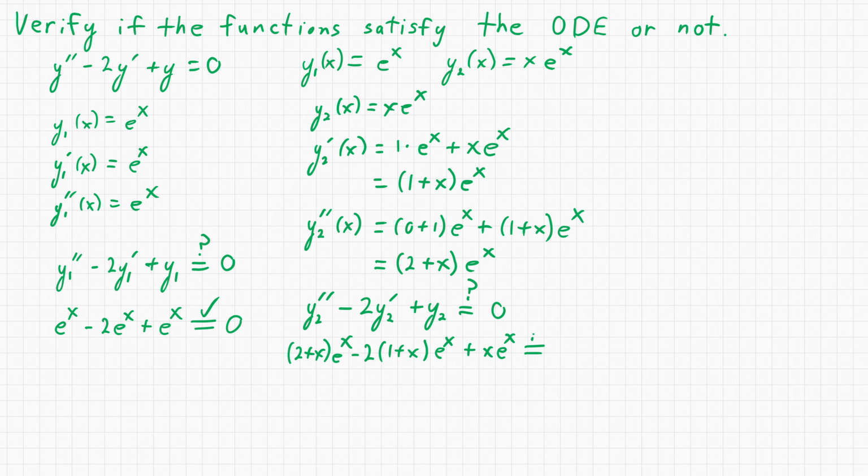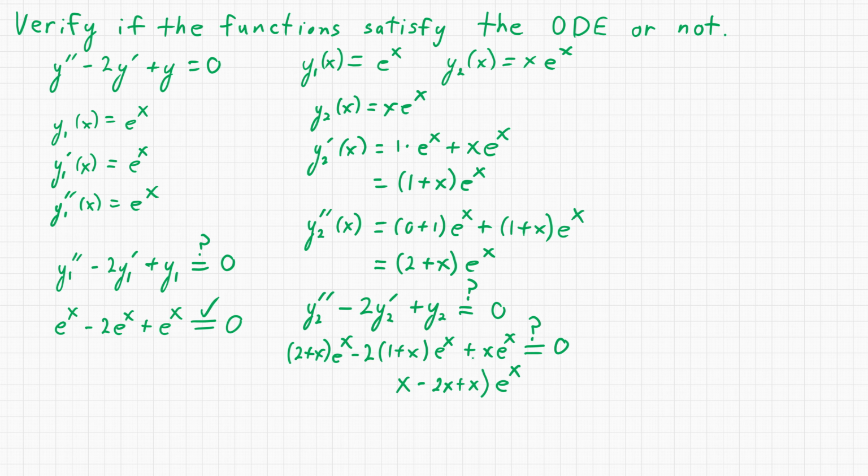And still not clear if that equals 0. So we're going to have to simplify here. Everything is going to have e^x on it, so let me just put that in. And let's start putting in terms. I've got a plus x, I have a minus 2x from the middle, and then I have an x from the front.